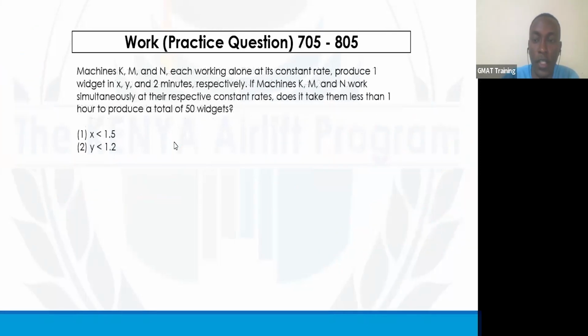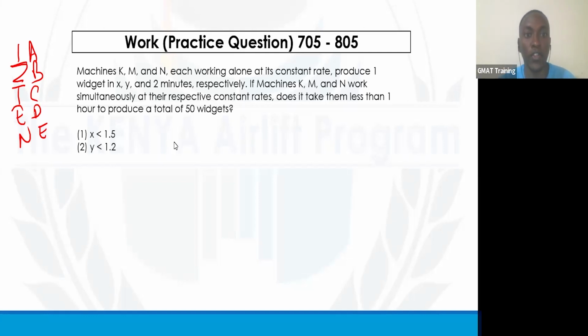Okay, here's our last question of the day. Let's give it a try. Okay, so we have machines K, M, and N, each working alone at its constant rate, produce one widget in X, Y, and 2 minutes respectively. So K produces in X minutes.